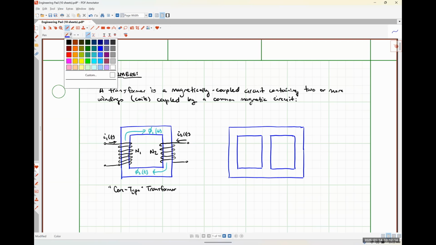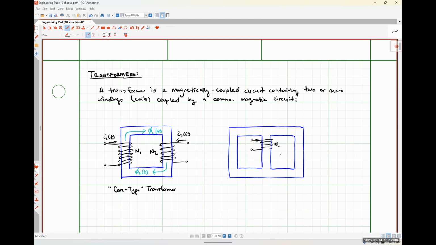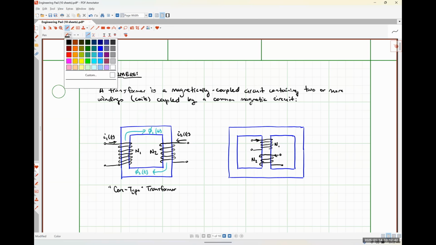And let me throw some windings on this guy. So this is winding 1. I'm just going to put an arrow to indicate the direction of current flow. Here's winding 2, which has N2 turns. I'm going to put an arrow here to indicate the direction of current flow.